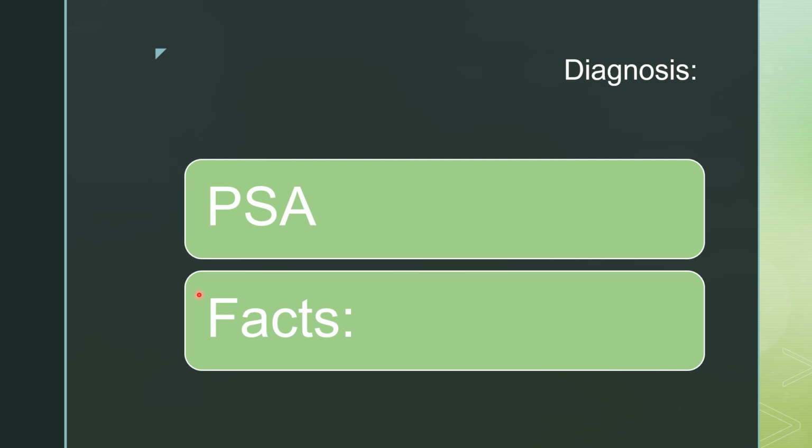If PSA is high and the individual is from the group that's at high risk, like a black man with an uncle or father or nephew who had prostate cancer in the past, then we will not fold our arms.